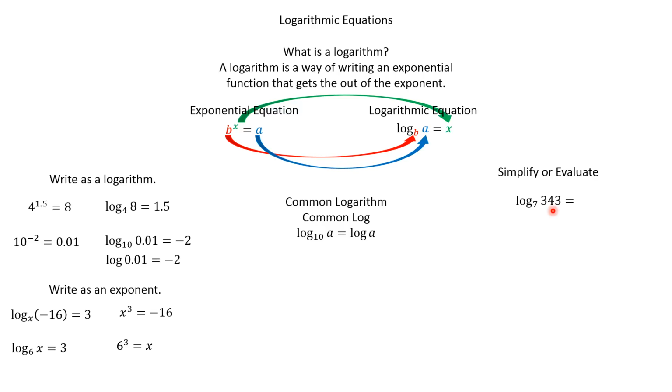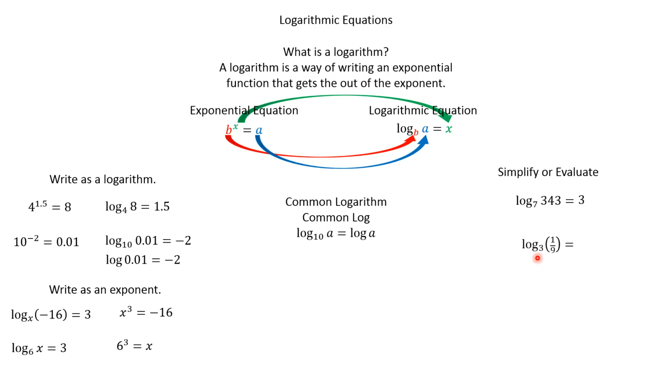Well, we know 7 to the first equals 7. 7 squared is 49. Times another 7 is 343. So that would be 7 cubed equals 343. So the log base 7 of 343 equals 3 because it was 7 cubed.